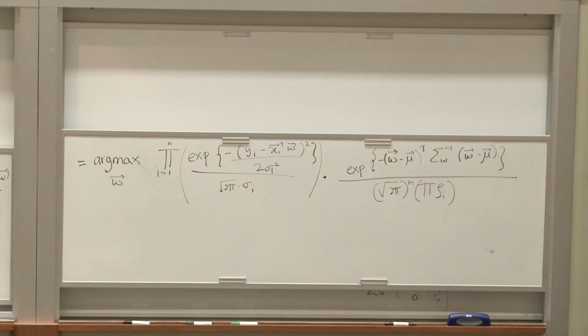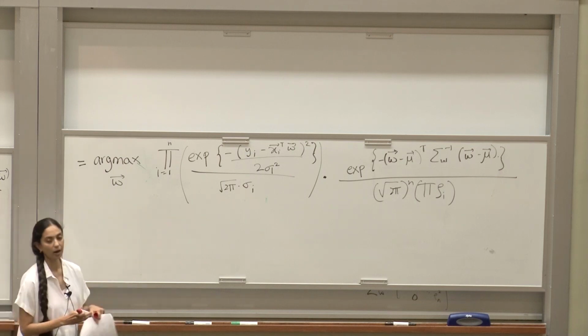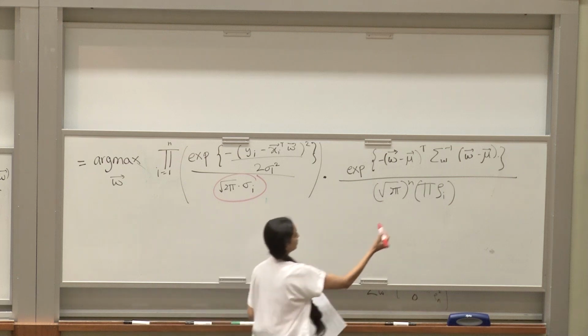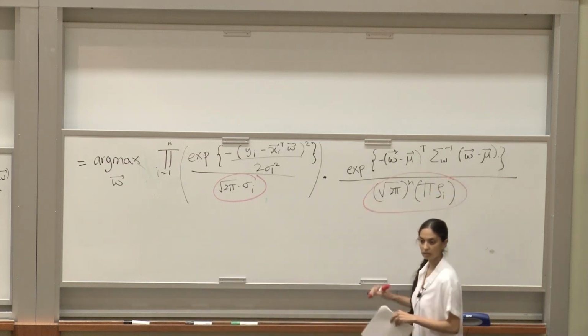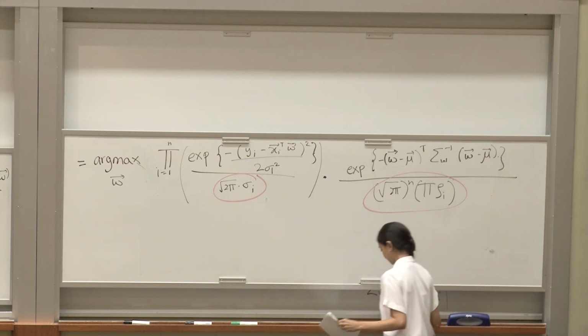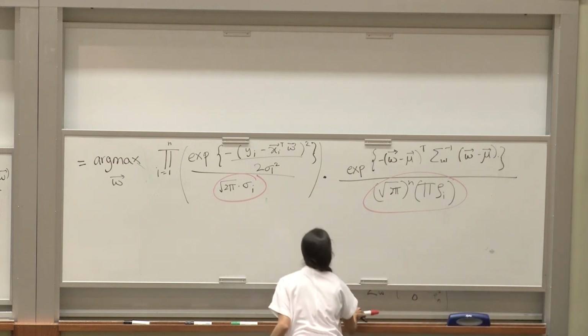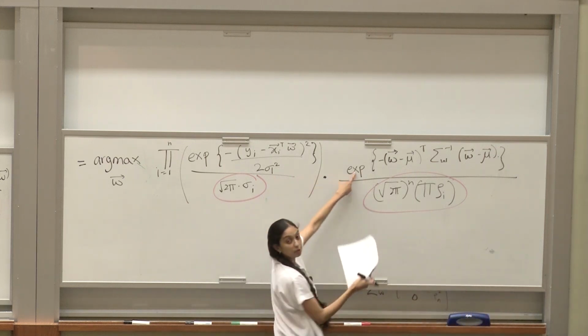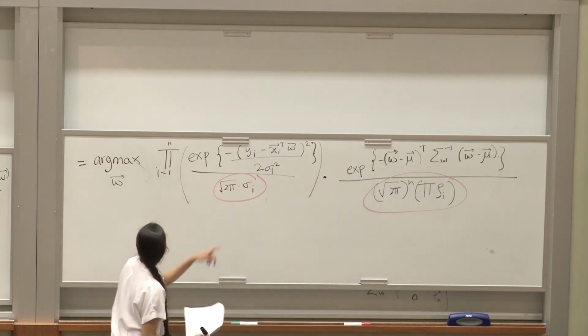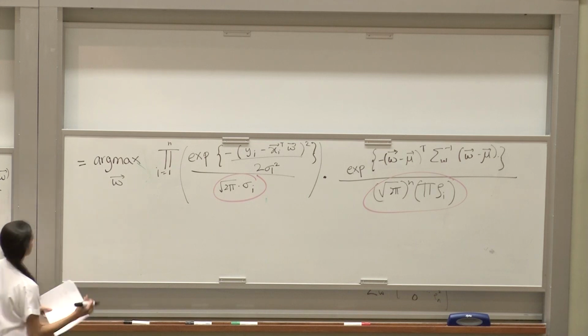What are the constants that are not going to make a difference for our argmax? These guys aren't going to matter. These guys aren't going to matter. And now I have these two exponentials. So can I write this now as a sum?